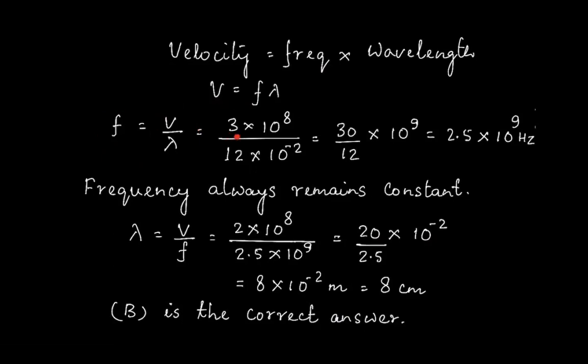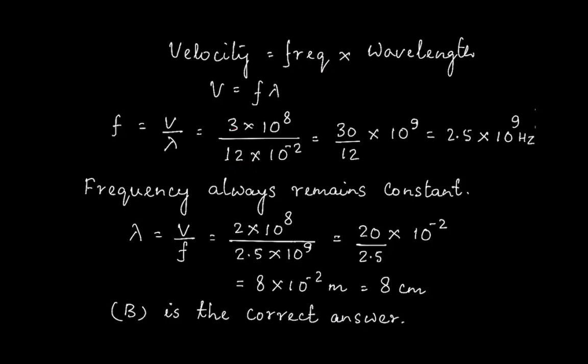Now the velocity was given as 3 times 10 raised to the power 8 meters per second, but the wavelength was given as 12 centimeters. You have to convert centimeters to meters first. So if you want to convert centimeters to meters, you get 12 times 10 raised to the power negative 2, because 100 centimeters is 1 meter. So what you are doing is you are dividing this by 100. I can tell you a quick way of doing the calculation.